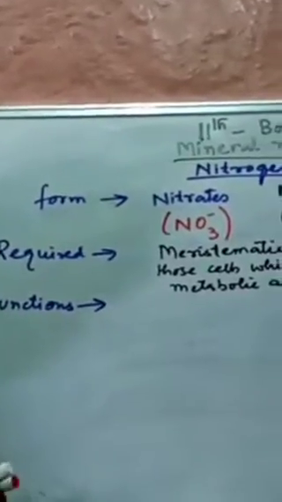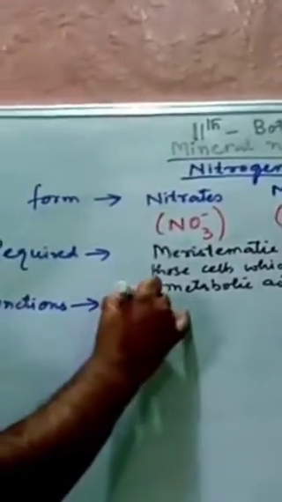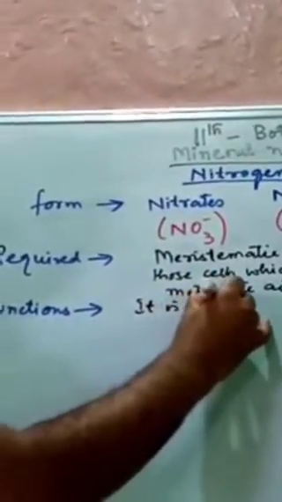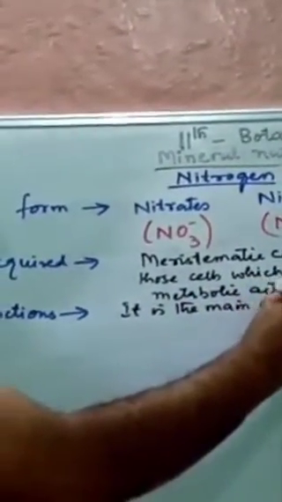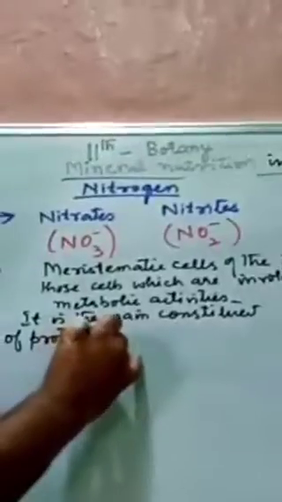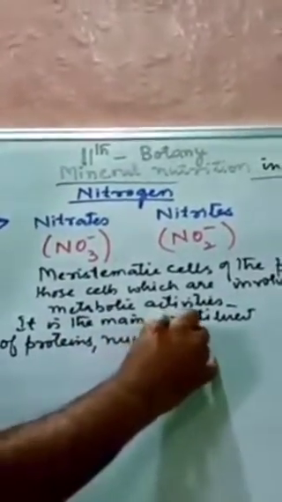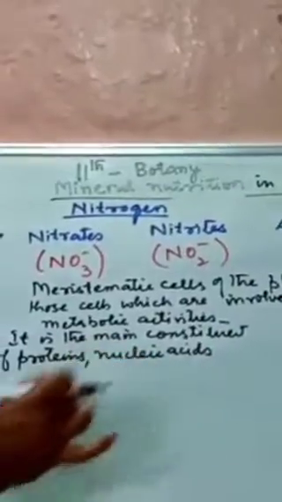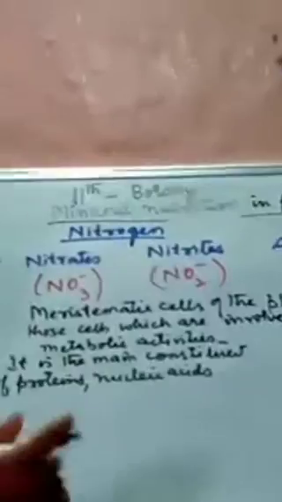Now the third heading under which we will study it is its functions. What are its functions, or what is its use, where is it used? It is the main constituent of proteins. That is, in protein synthesis it plays an important role. In nucleic acids, it plays an important role. It is the main constituent of nucleic acids.